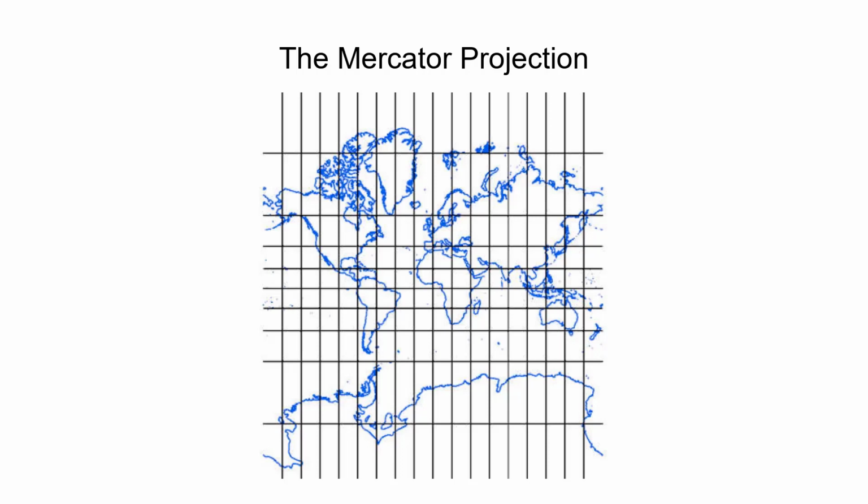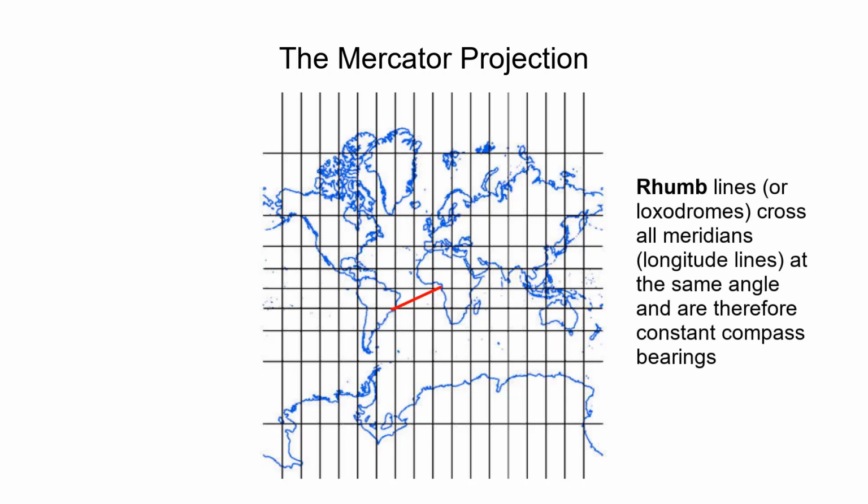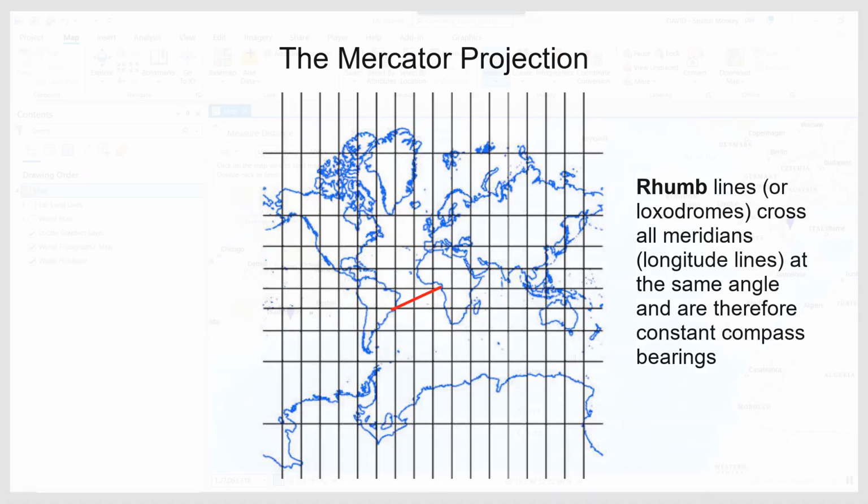The captain of a ship could draw a straight line to a destination on a Mercator map and then follow this compass bearing to arrive at the desired destination. This straight line would not necessarily be the shortest route, as we've seen, but by being able to simply follow a constant compass bearing, this greatly simplified navigation.